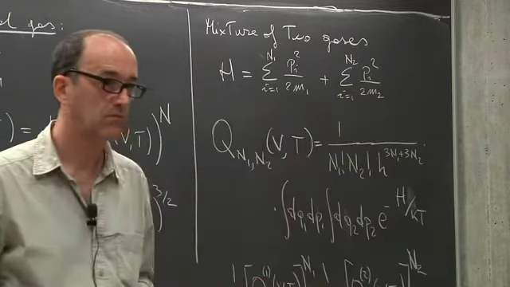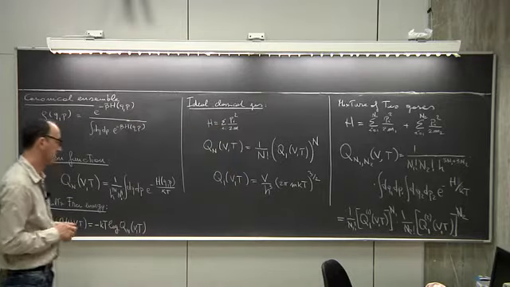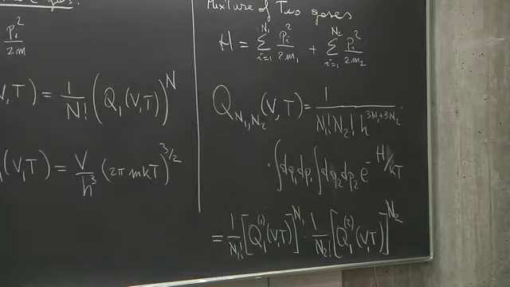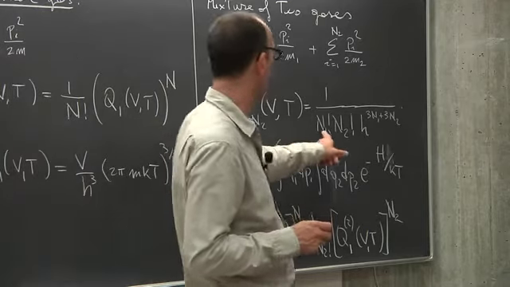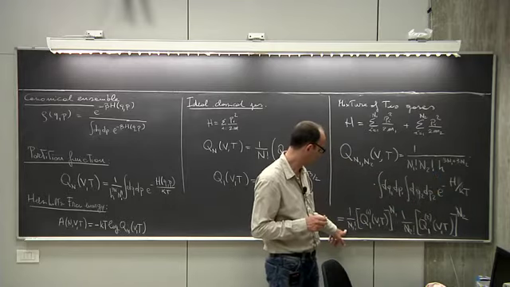It's just the sum, because in the expression of the partition function we have 1 over n factorial. You say here I should have (n1 plus n2) factorial. No, in the last line, yes.